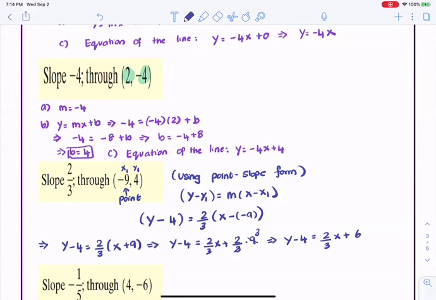Move the -4 to the other side, it would become +4. So you have y equals 2/3x plus 6 plus 4 is 10. And that is in slope-intercept form. So you can either take the approach that we did in the previous problem, or you could do it this way.